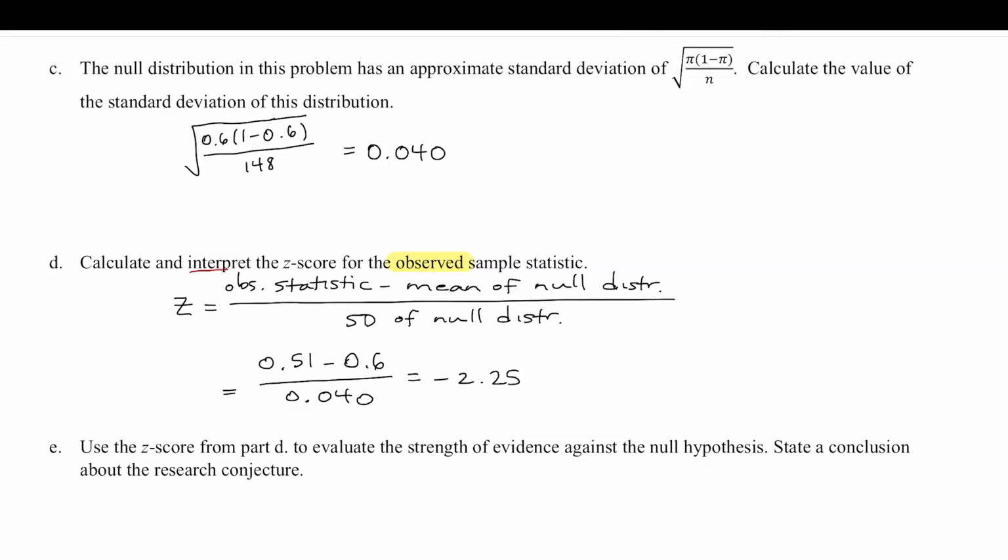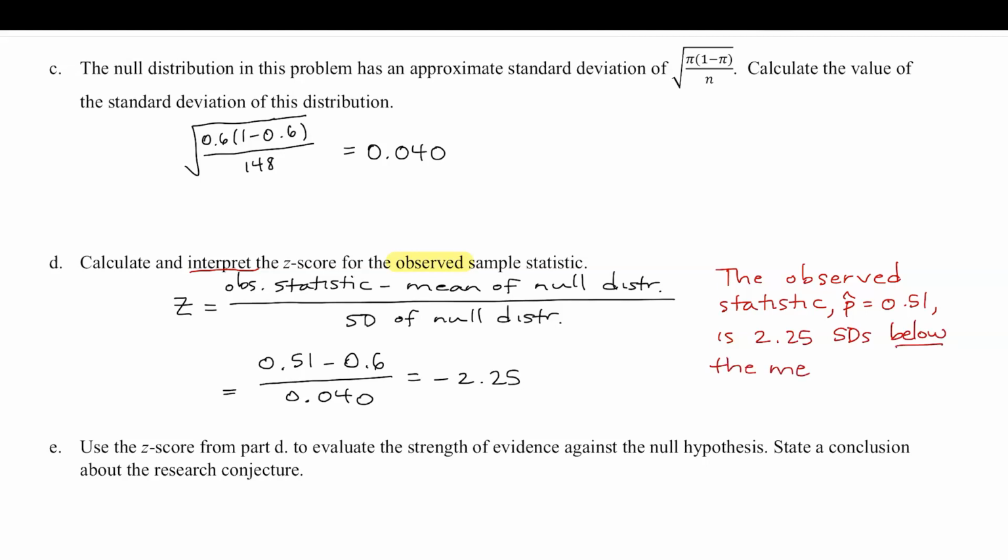Now they asked you to do an interpretation. I'm going to write that over here. So the observed statistic of 0.51 is 2 1/4 standard deviations below the mean, that would be 0.6, of the null distribution.